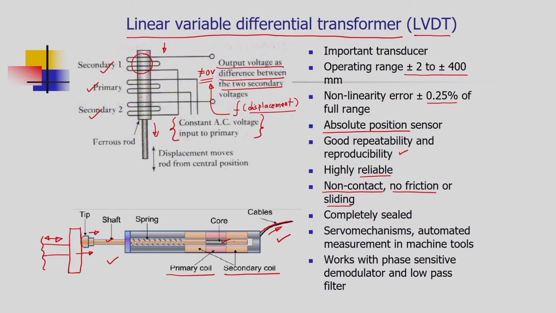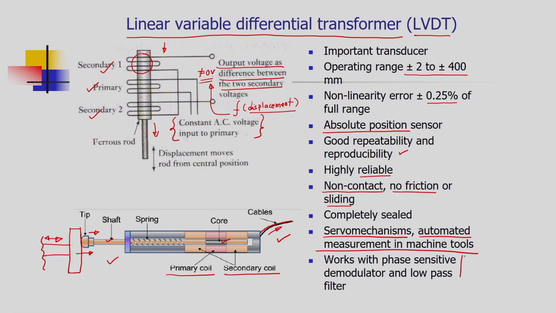The cores do not have contact with the coils, so that is non-contact. Of course, the measurement mode is contact, so these tips are to be in contact with the mechanical elements or the machineries. LVDTs are used in servo mechanisms and automated measurement of machine tools.